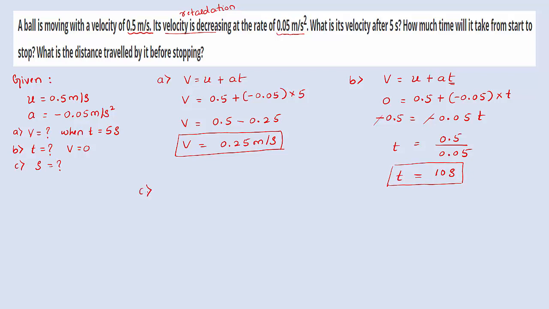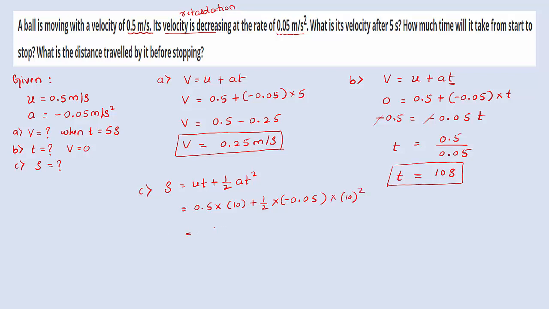Then the third question is the distance traveled by it before stopping. So we have to calculate the distance traveled. The suitable equation is s equal to ut plus half at square. Substitute the values. Initial velocity of the ball is 0.5 into time 10 seconds, plus 1 by 2 into acceleration minus 0.05 into 10 square.